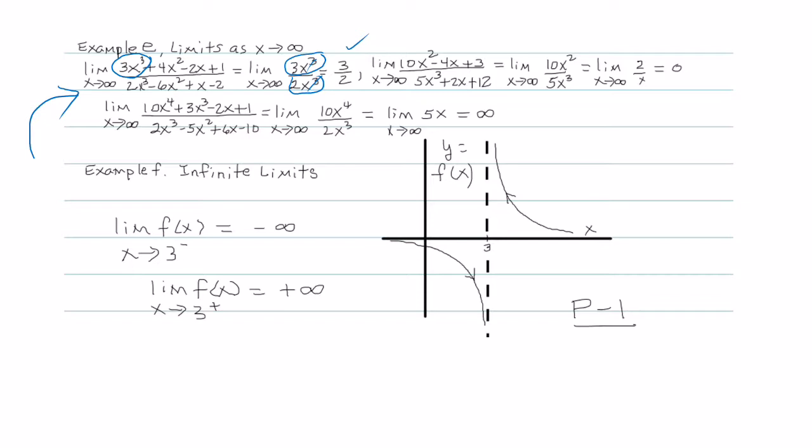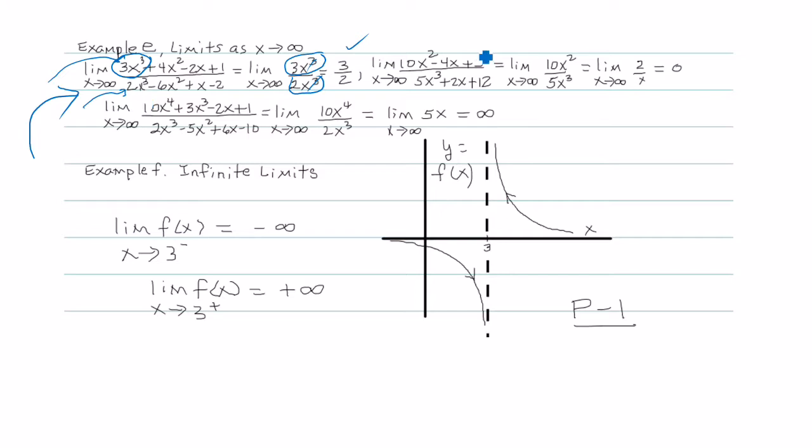You might remember that for a rational function, if the numerator and denominator have the same degree, all you have to do is take the coefficient of the first term and divide it by the coefficient of the first term in the denominator. So that's 3 divided by 2.